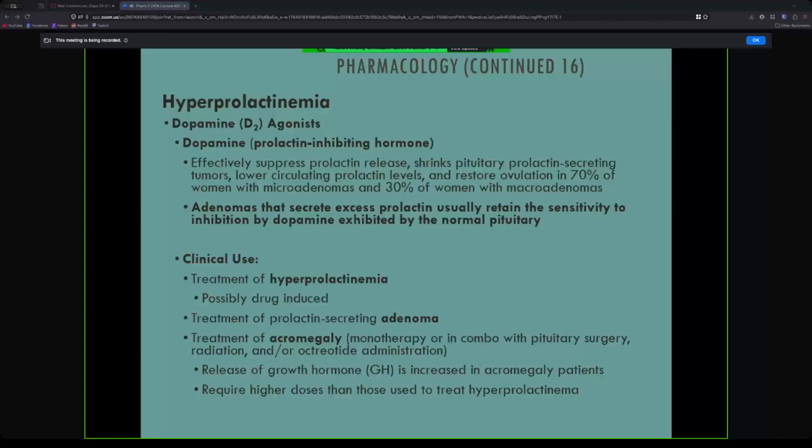So we talked about the clinical pearls here, right? 70% of ovulation is restored for females with microadenomas and about 30% in macroadenomas when we're looking at utilizing the dopamine agonists.